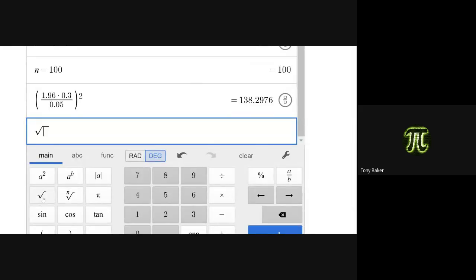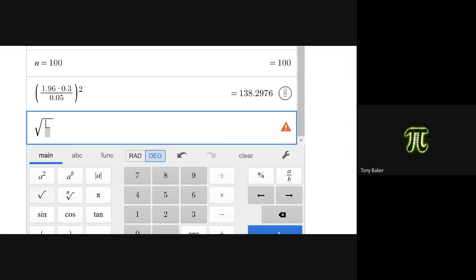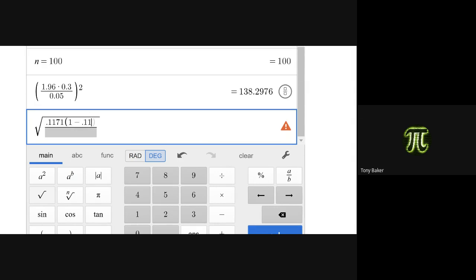So square root, division, so we got 0.0159.